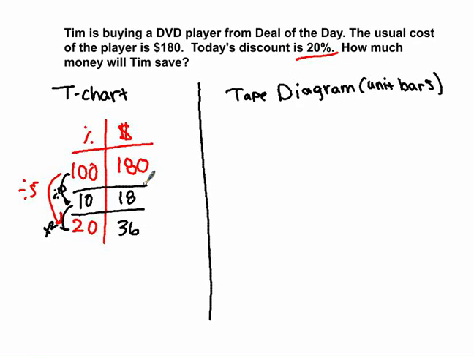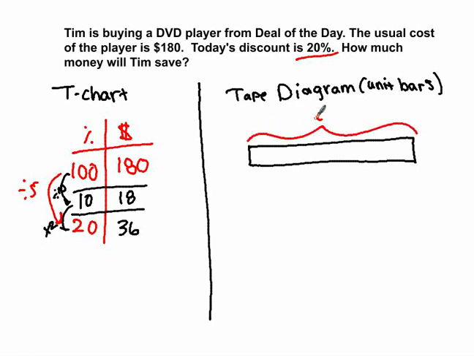In a tape diagram, this time we represent the whole, once again, the whole thing is $180. In a tape diagram, you typically want to divide it into 10 parts. So each one of these is a tenth, or each one of these is 1/10 or 10%.